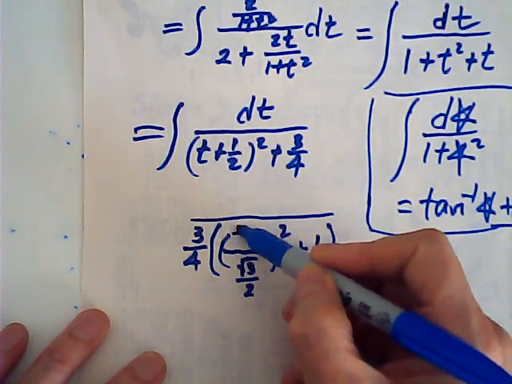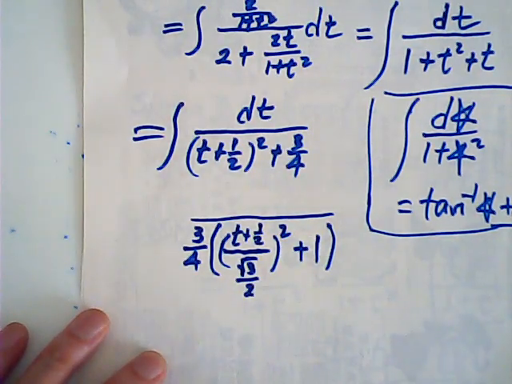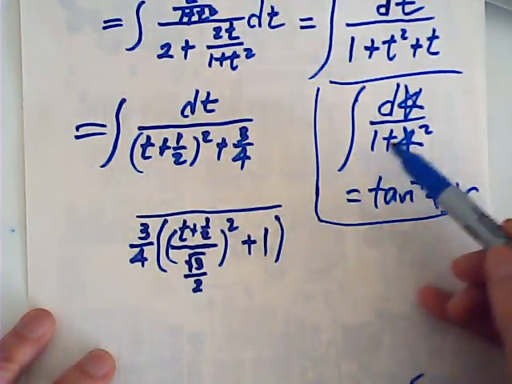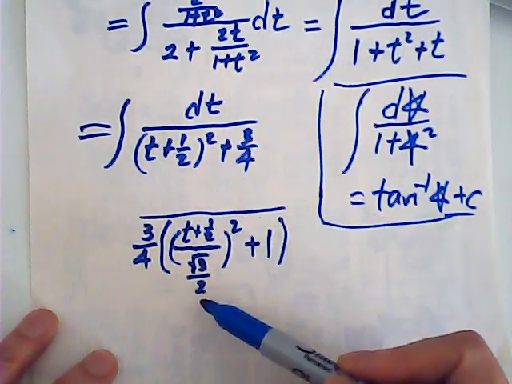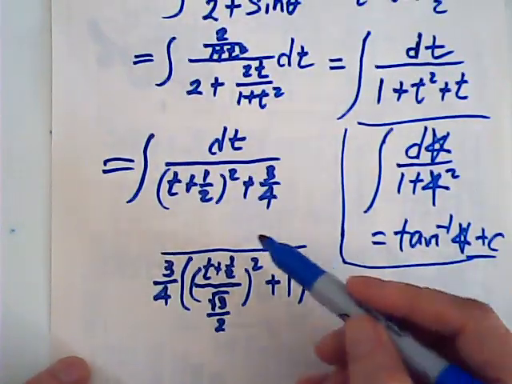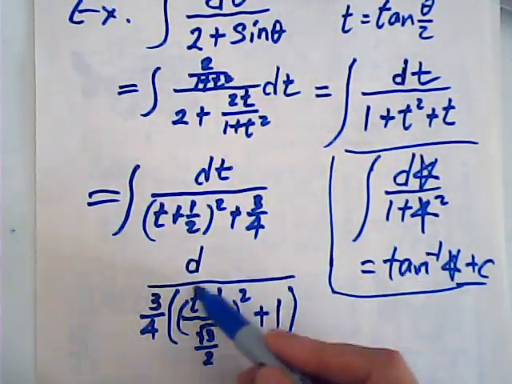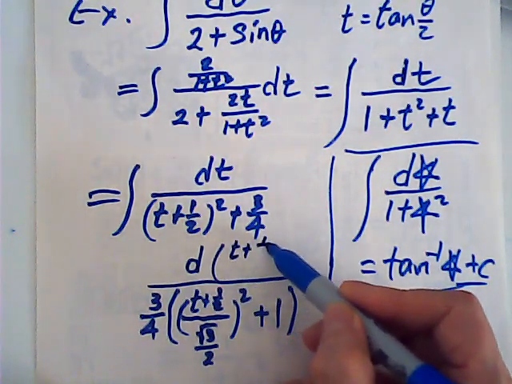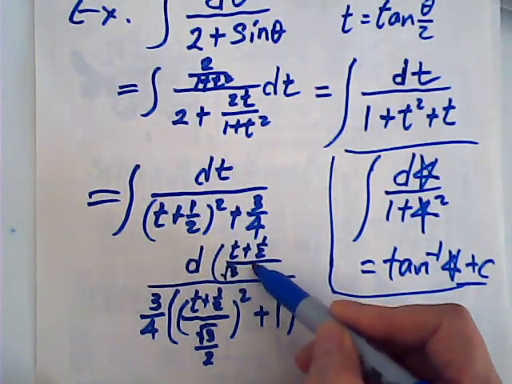This is t plus 1/2. I try to make this satisfy the formula, right? The denominator must be this square root, because after squaring it cancels out. Now, my x must be this, right? Must be t plus 1/2 over square root 3 over 2.